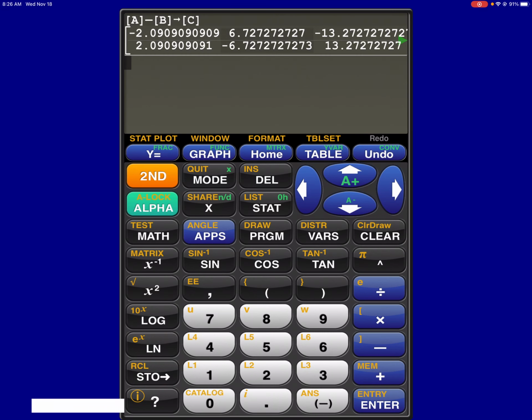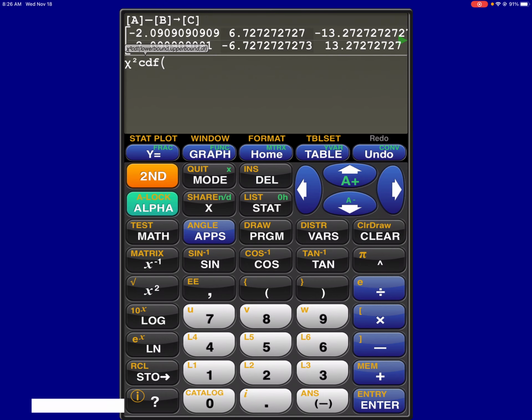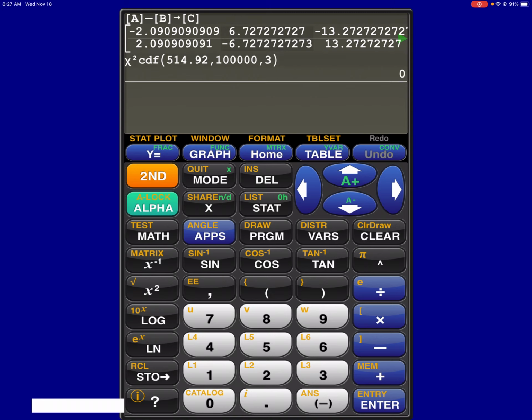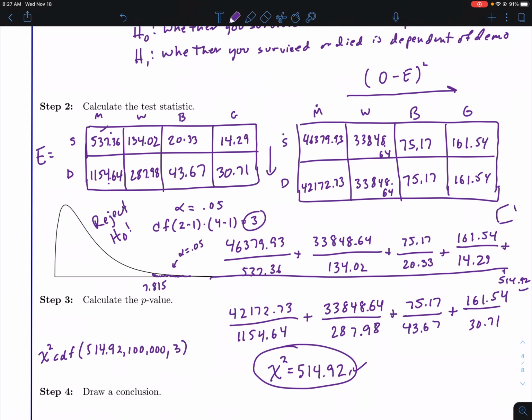Let me make sure I get it right here: 514.92, comma 100,000, comma 3. And yeah, in this case we get not even an exponent in scientific notation, it's just straight 0. So our probability is exactly 0.